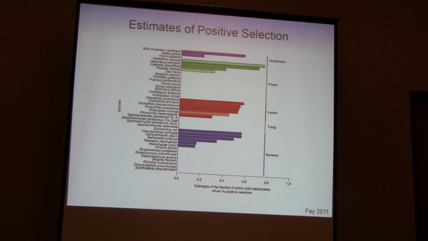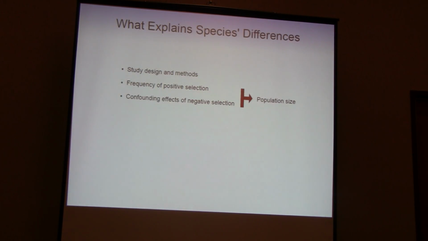So what can explain this heterogeneity? I think there's a couple of simple explanations. One is study design, the methodology used, sample size, and all these things. While this could have a slight impact, I don't think it's believed that these are really causing the differences that I showed you on the previous slide.